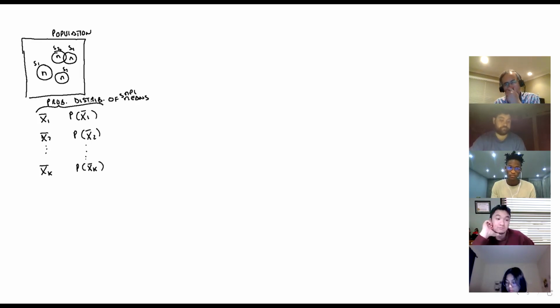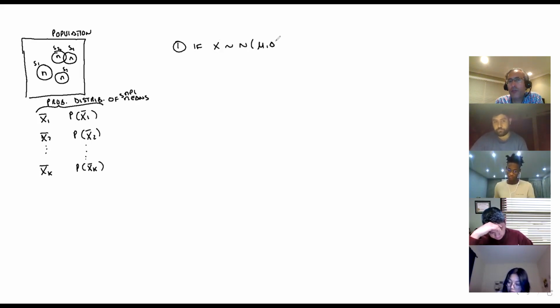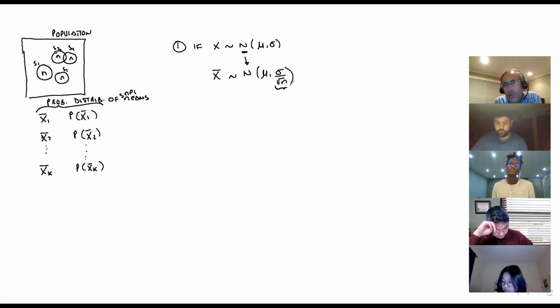Got it? Now, here, guys, I just need you to remember these rules. Okay, there are three rules. If X is normally distributed with parameters mu and sigma, so if you know that the population is distributed as a normal, the mean is also going to be normal, for sure, with parameters mu and sigma over square root of n. How do we call sigma over square root of n?